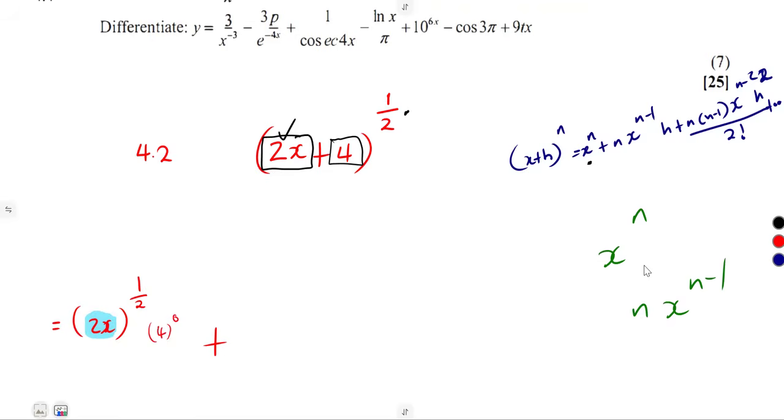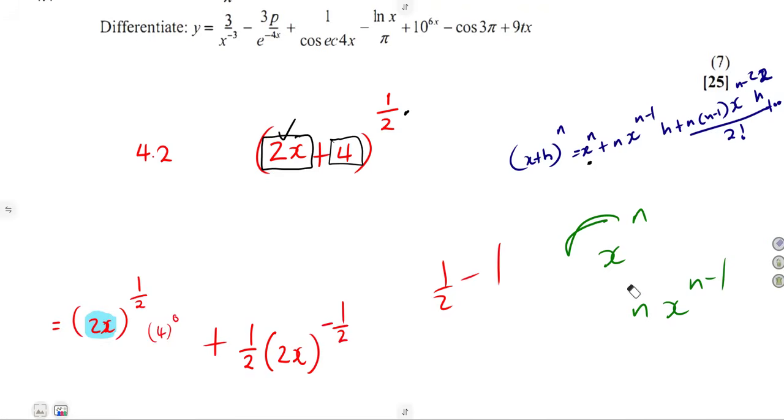You do that only focusing on the exponent. So if we drop our exponent, that's a half. Then we subtract 1 on our exponent. So that's half minus 1, which is minus half.